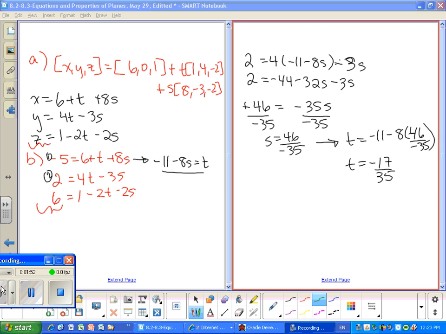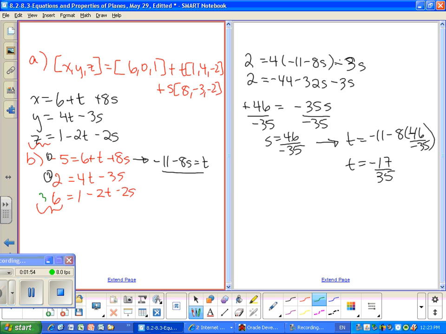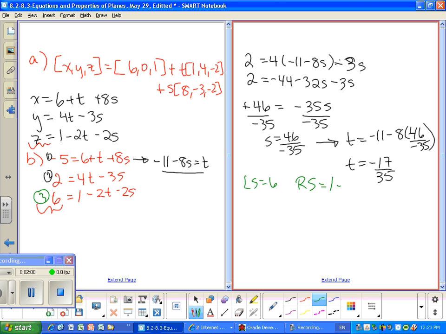So we're going to put these values into equation 3. Our left side is 6, our right side is 1 minus 2 times negative 17 over 35 minus 2 times 46 over negative 35.